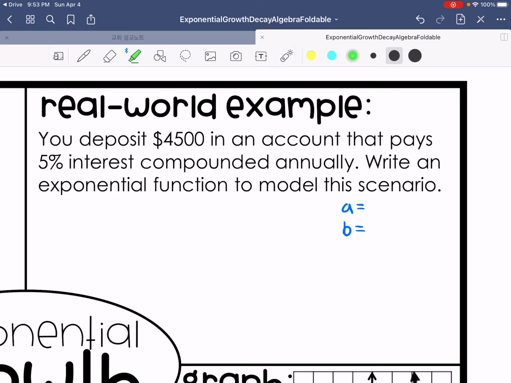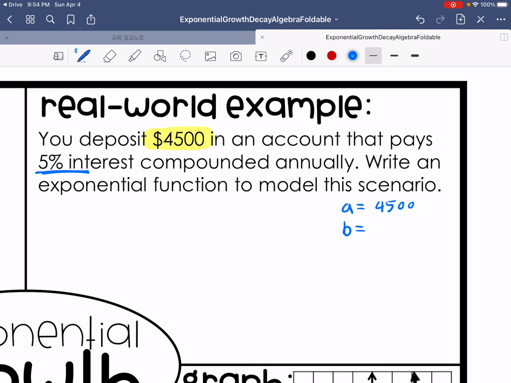At the beginning, we invested, like we deposited $4,500. So that's gonna be our initial value because that's where we start. After that, as you can see, they pay you 5% interest, right?